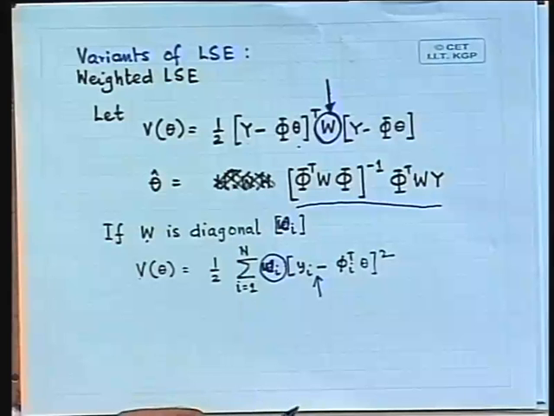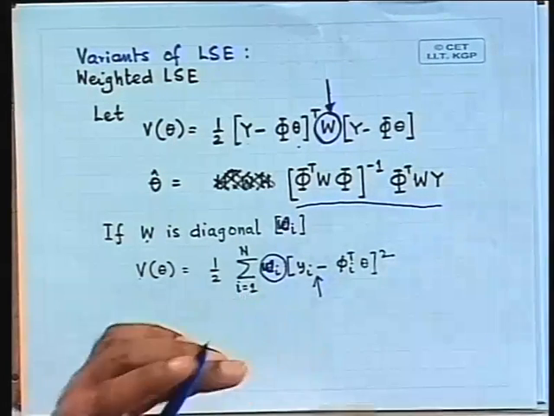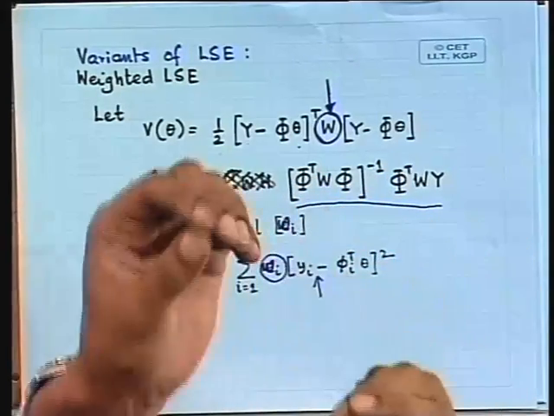Now, why should you weight the errors at the various instants? Under what situation may it be necessary? One case is when you are looking for parameters based on data. If the parameters are constant, then all the data has been generated from one constant parameter and you are looking for it, so it makes sense to put the same weight on all the data points.